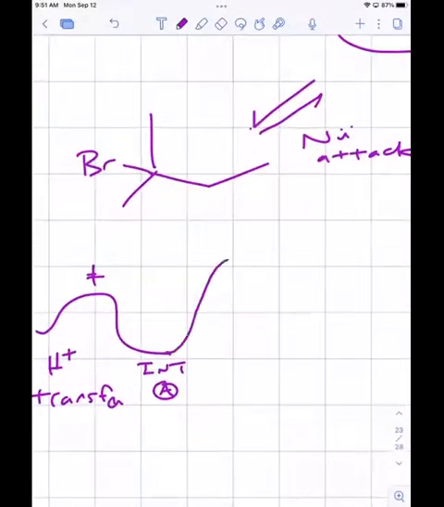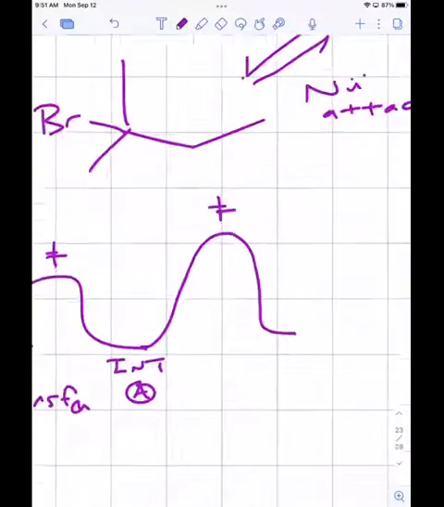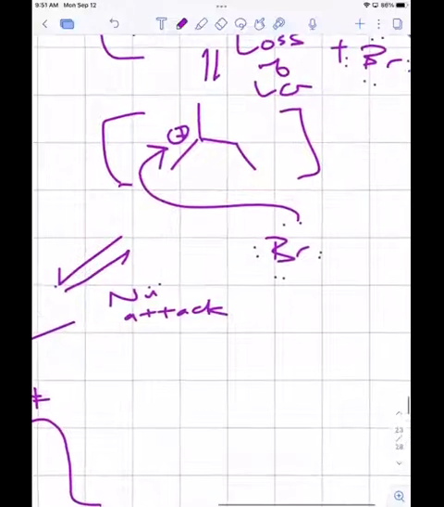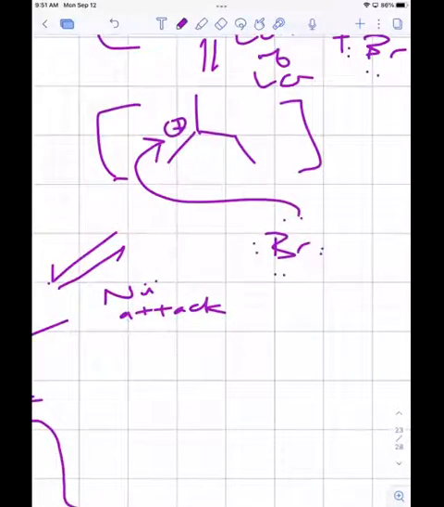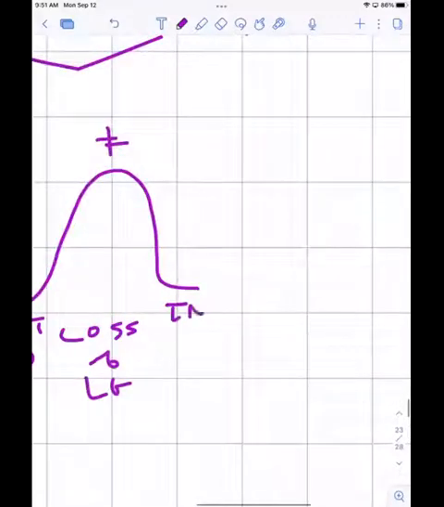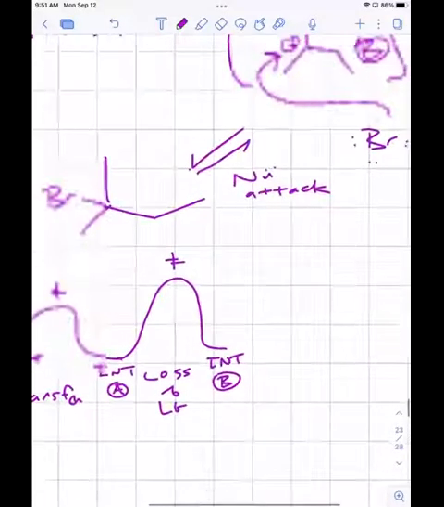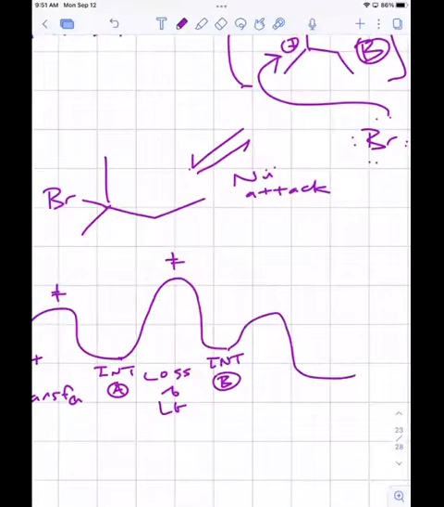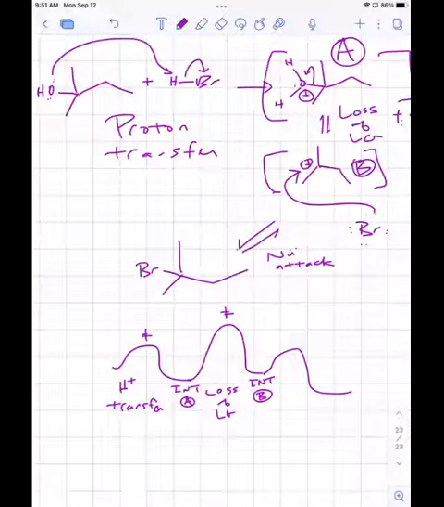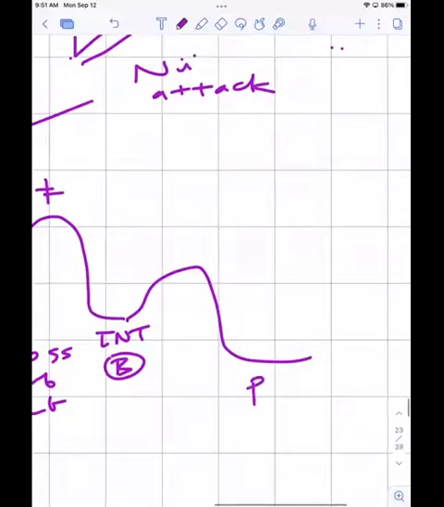So we're going to show that with a higher activation energy. That's going to lead to the carbocation, which we'll call intermediate B. And then the final step, nucleophilic attack, is fast relative to the leaving group leaving step. And that'll give us the product.